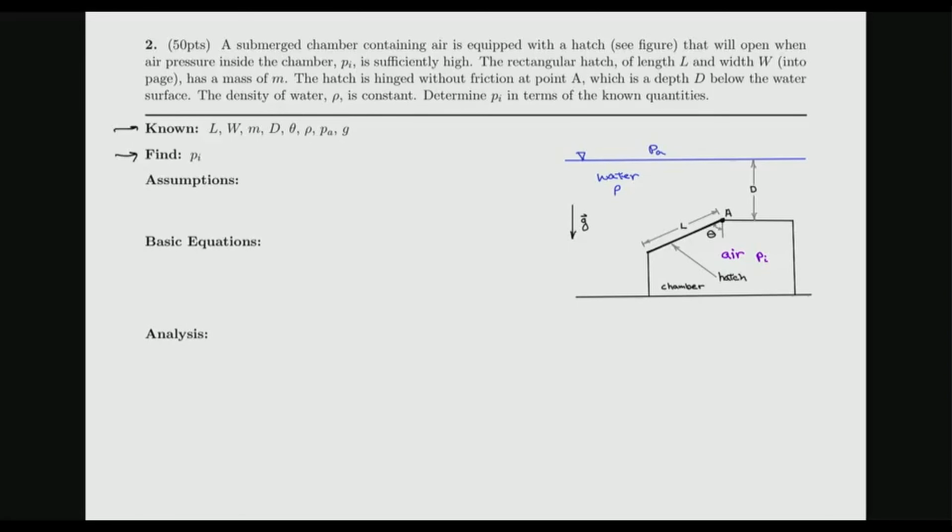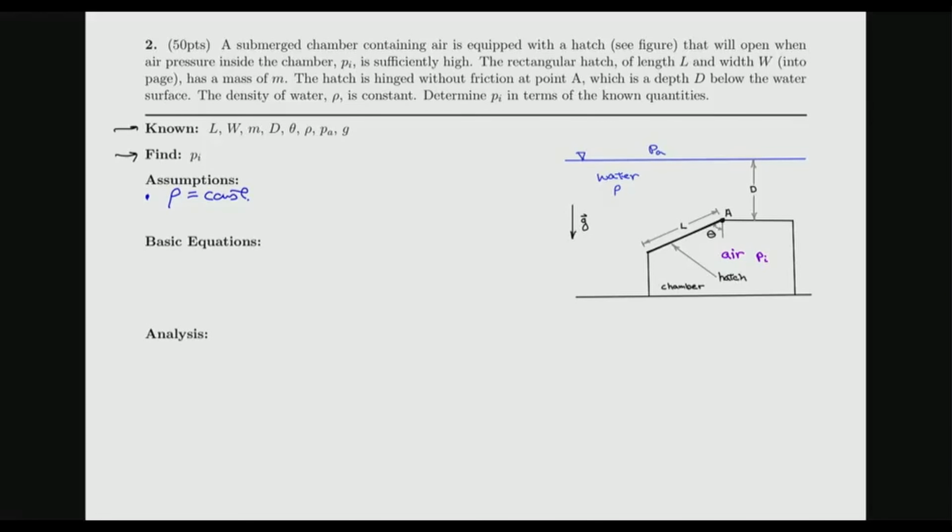And of course, we have the sketch here of the physical setup, but we'll need to add to that or draw some other sketches, perhaps. One basic assumption that we want to indicate is that rho is a constant.